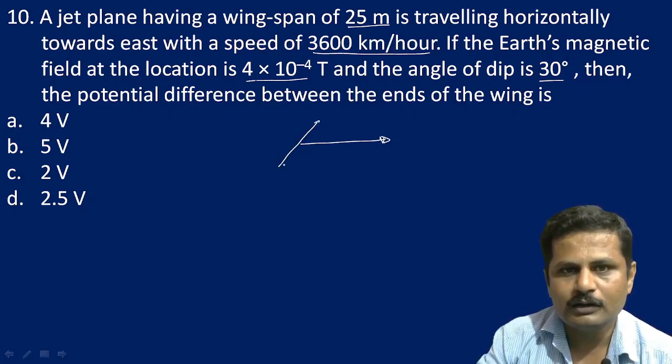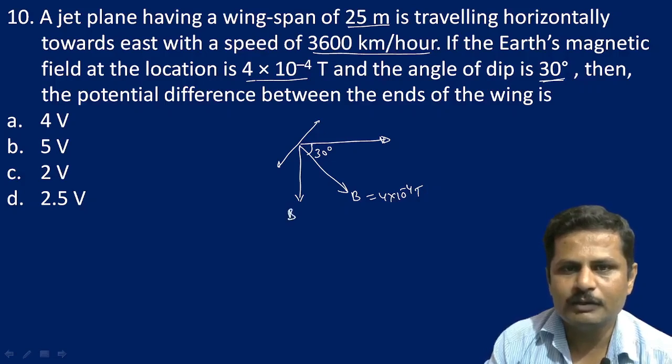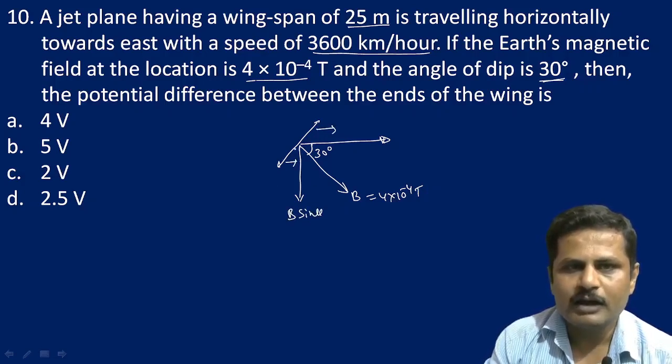So the wings of the jet plane are going to cut the magnetic field lines which are acting in this direction, and here we have the angle of dip, that is 30 degree, and the magnetic field 4 into 10 to the power minus 4 Tesla. Let me consider, this is the vertical component of the magnetic field, that is B sin theta, and this is the motion of the jet plane in this direction, which cuts the magnetic field lines.